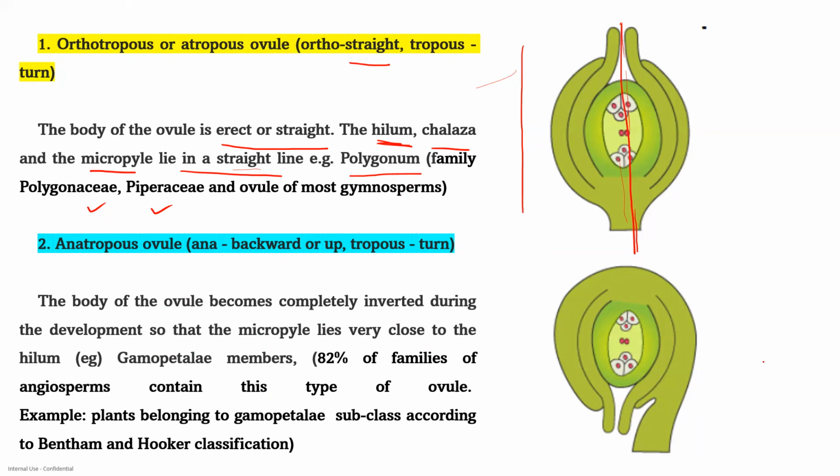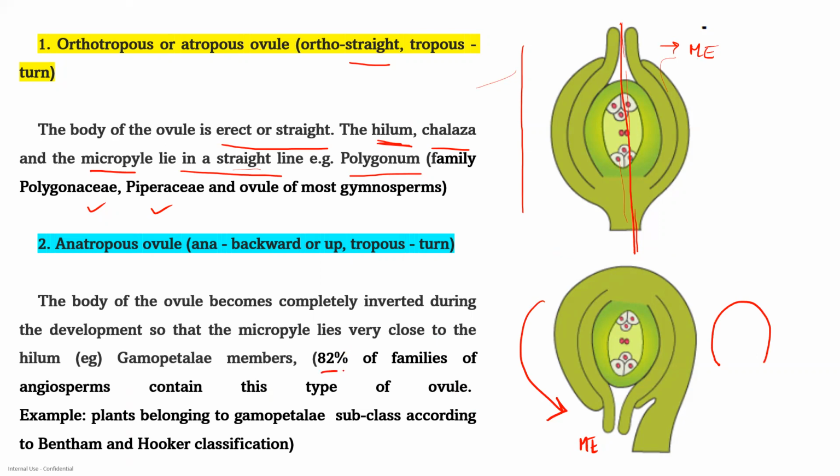See, it has turned like this. Therefore, the upper micropylar end has come down. It has got inverted. This is your micropylar end here, and it is very close to the hilum.